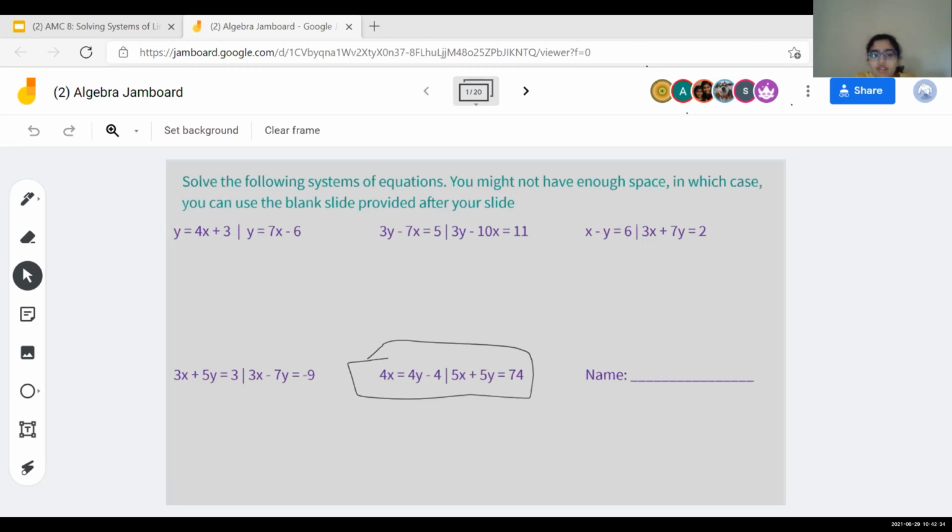I see one answer in the chat for number 5, the question that's circled. So everybody, please put your answers in the chat or on the Jamboard so that we know you're participating.